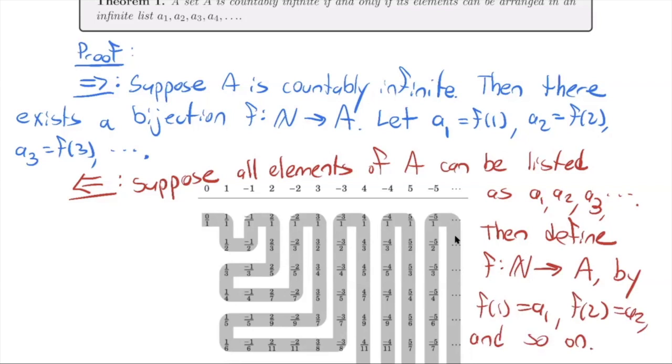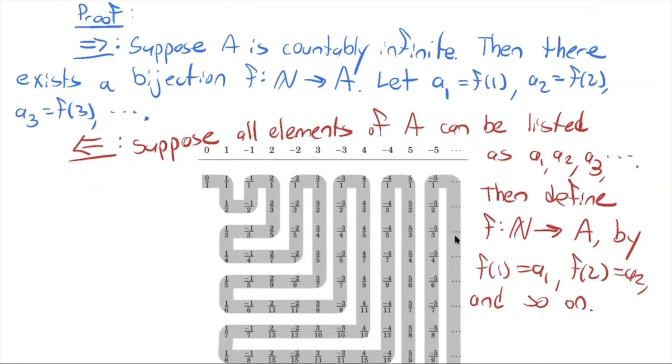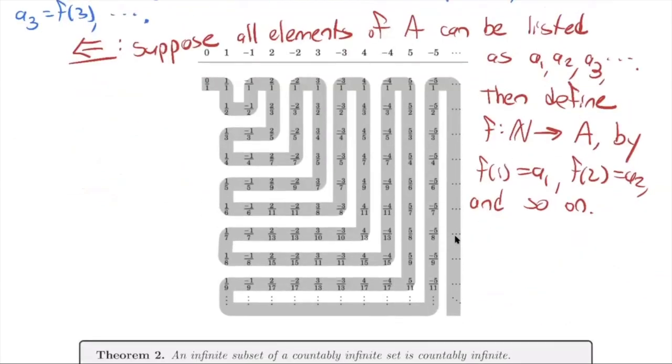The first element A1, we consider the image of 1. The second element A2, we define as what we get out of f when we plug in 2, and so on.